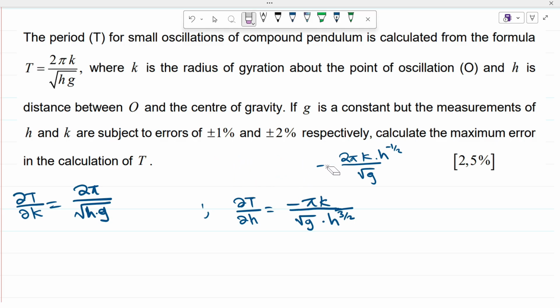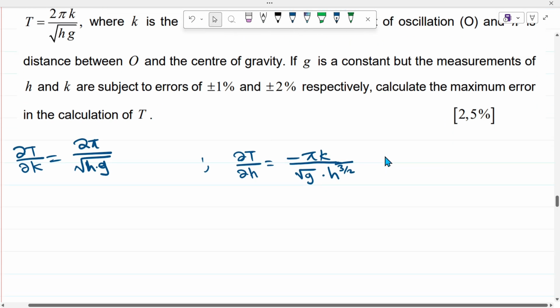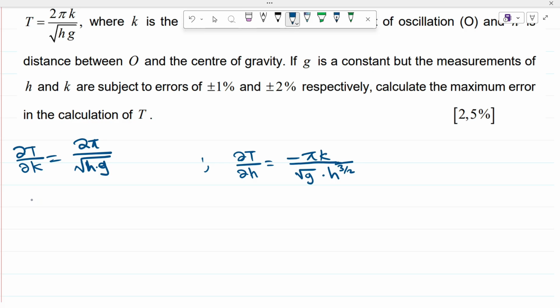So yeah, that's it. Now let's quickly write the percentage change, right? Let's start with the one of k. With respect to k, the percentage change in k is plus minus 0.02 k.